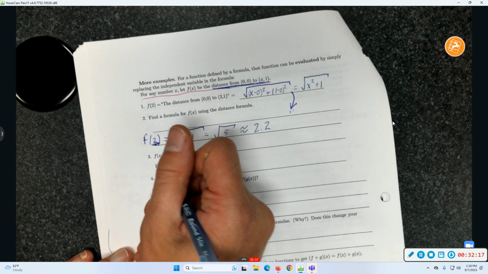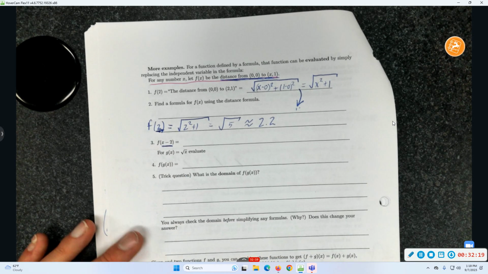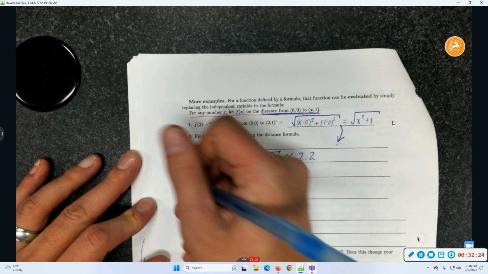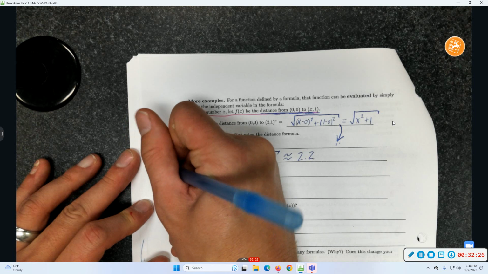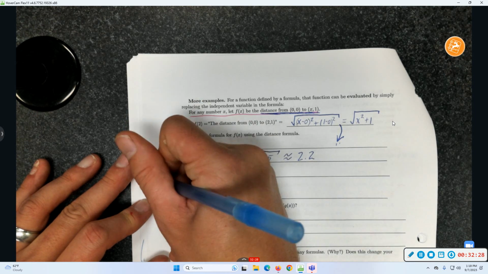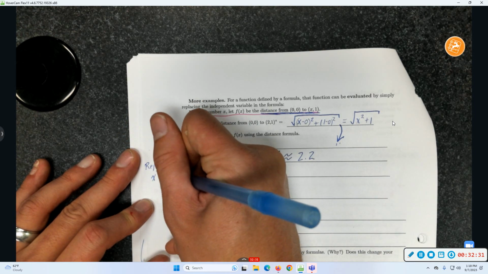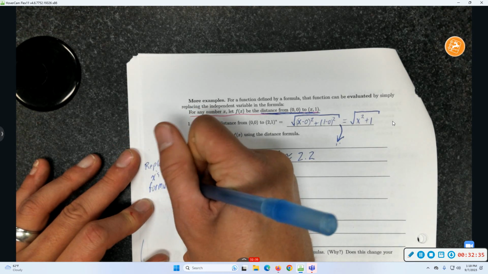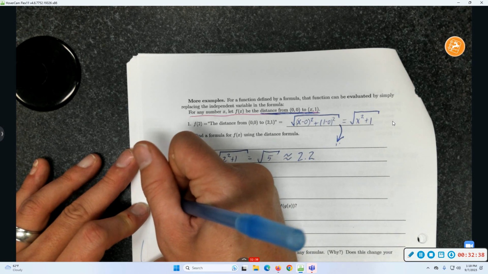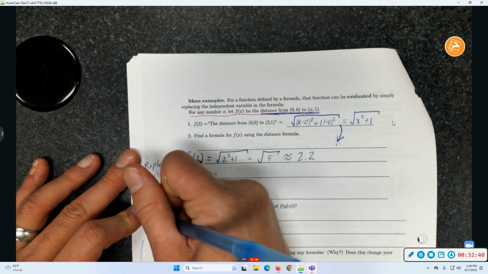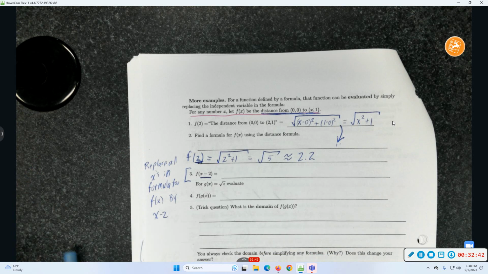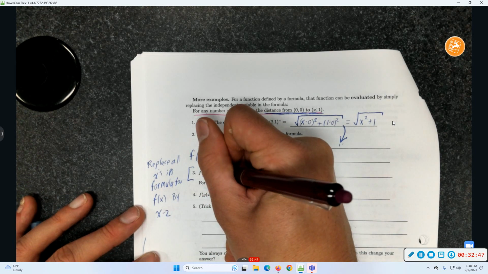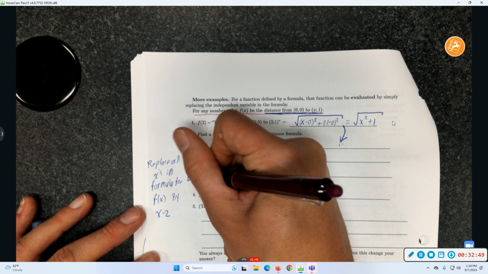You can plug formulas into functions. If you want to compute f of x minus 2, what do you do? Well, you replace all x's in the formula for f of x by x minus 2. And here's a useful way I find of writing this. I'm not going to think about that x minus 2 all at once. I'm going to put it in a box.